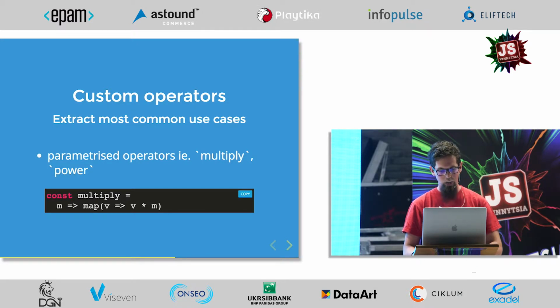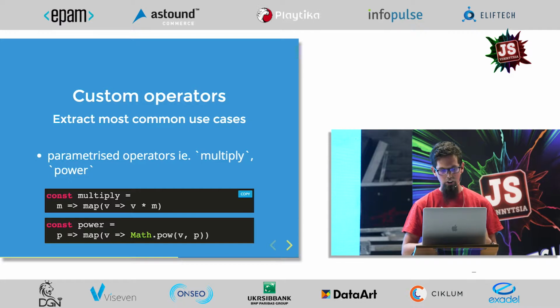But everywhere in the code base we can use multiply, which is more descriptive in this example. And similarly, we can use a power function, and again assign a map operator to it, and be happy that our code base is cleaner.